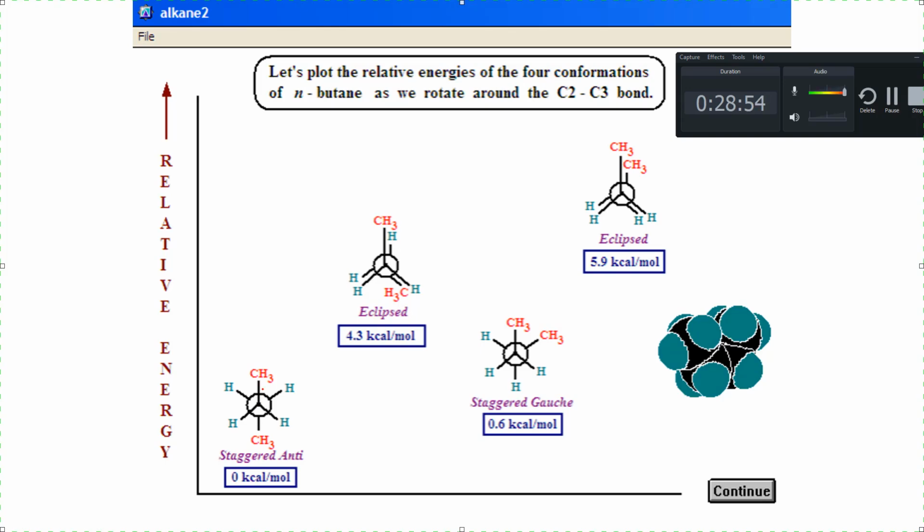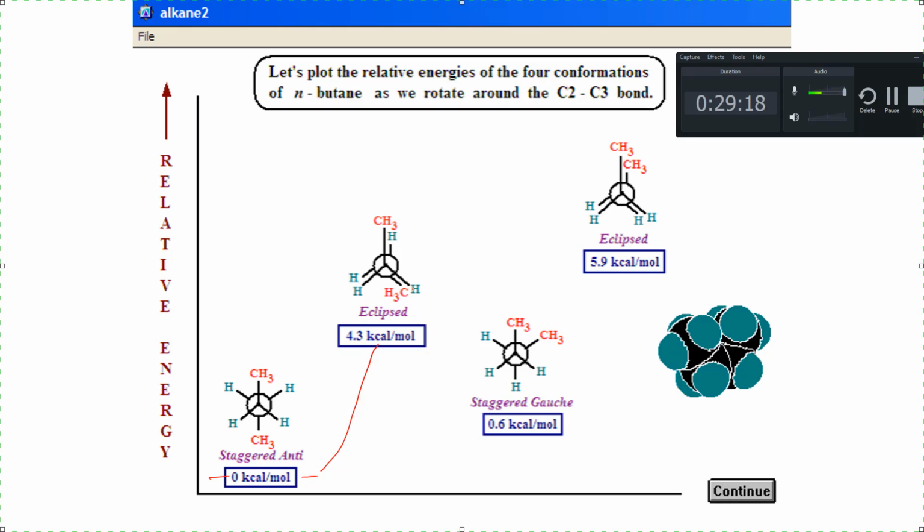If I start out staggered and anti, I'll call that 0 energy. If I then eclipse the hydrogens and the methyls, I go up to 4.3 kilocalories per mole, less stable, and more energy means less stable.